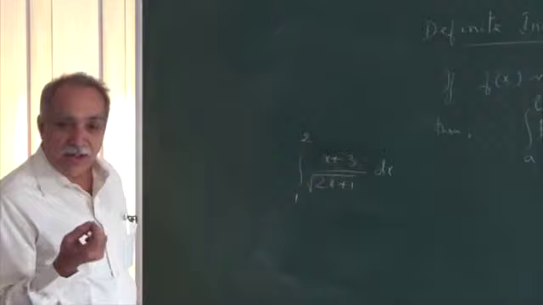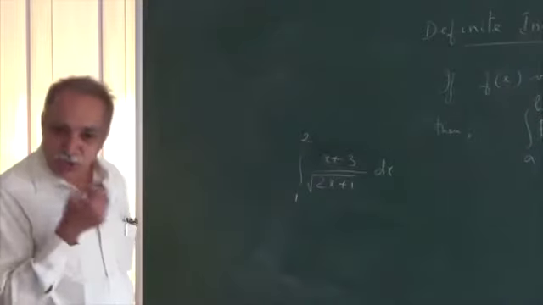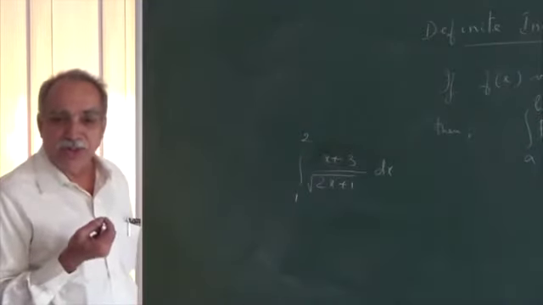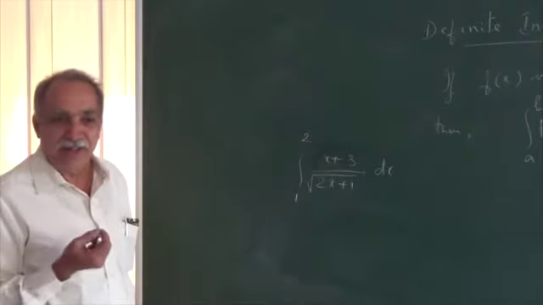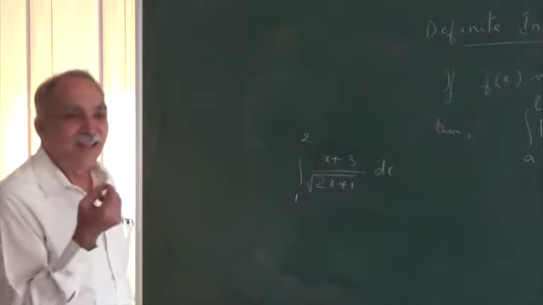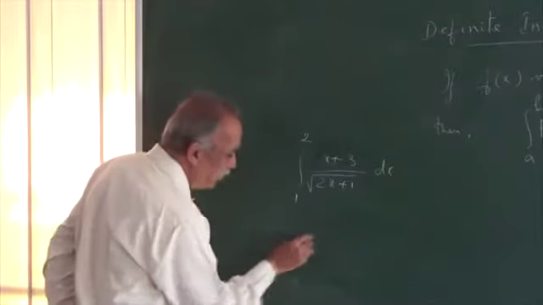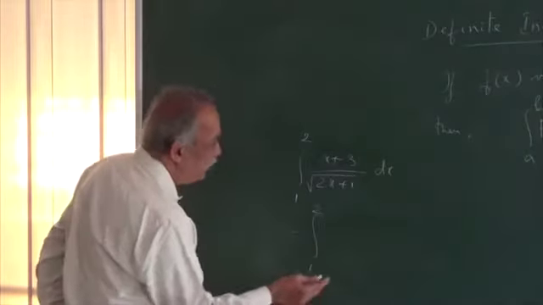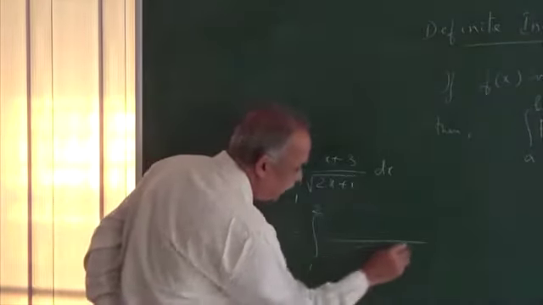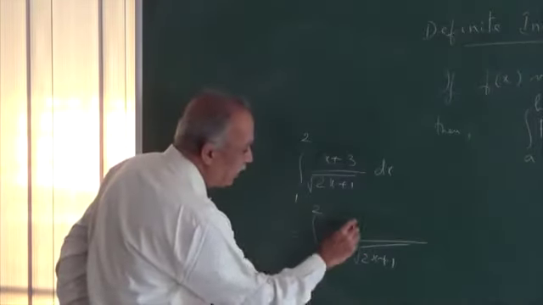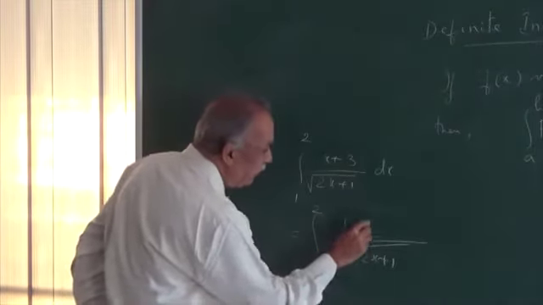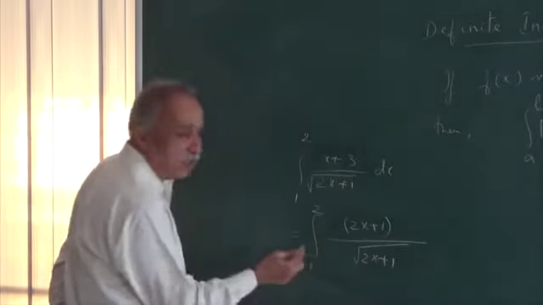Suppose you do not want to use any substitution. You want to obtain the integral directly. You may write this as one to two of, leaving the denominator as it is, the numerator as some numerical multiple of the expression in the denominator.